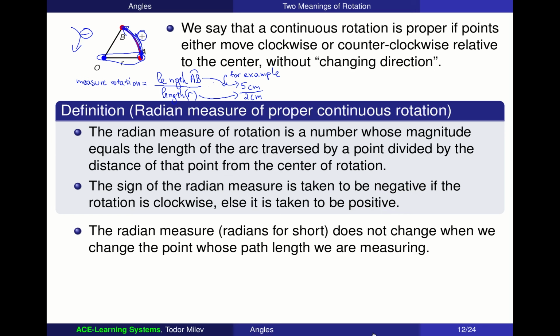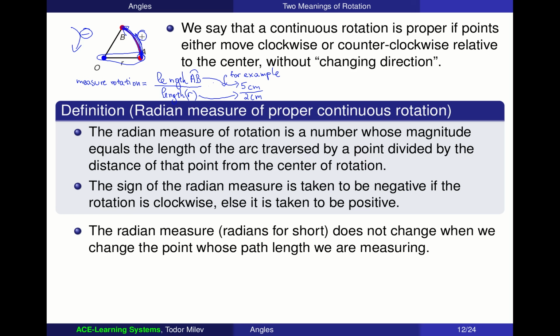The radian measure does not change when we change the point whose path length we're measuring. In the beginning, when we started this definition, we said, pick an arbitrary point A, measure the length of a certain arc, measure the distance between that point A and the origin, and then divide the two numbers. Well, maybe we would have gotten a different number had we chosen a different point A. The claim here is that it doesn't really matter which point you choose.